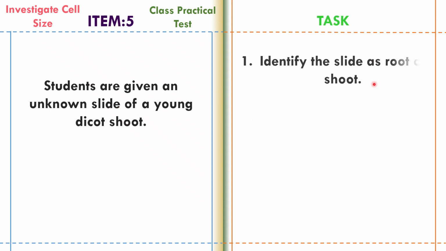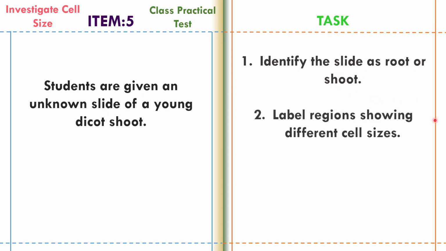The task is to identify the slide as a root or shoot, label regions showing different cell sizes, and justify your identification.